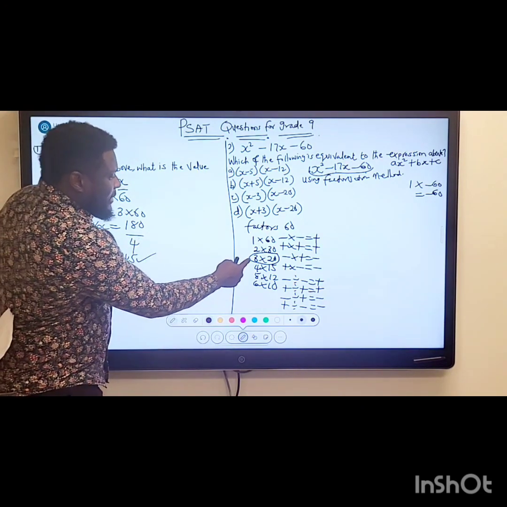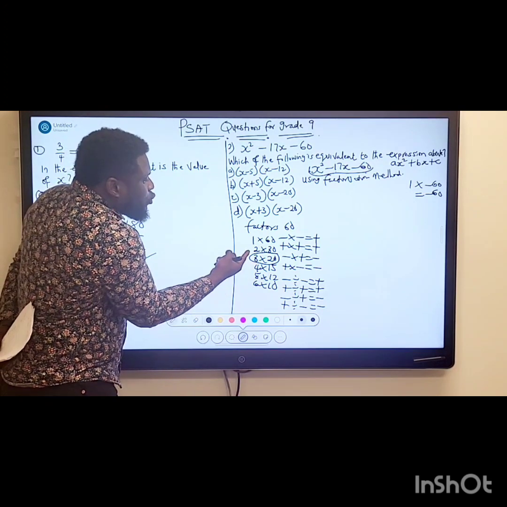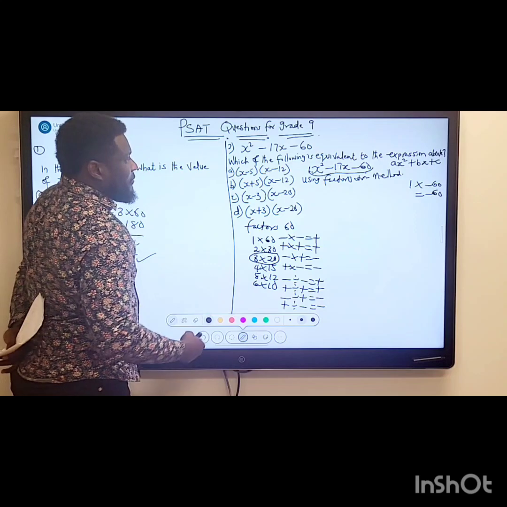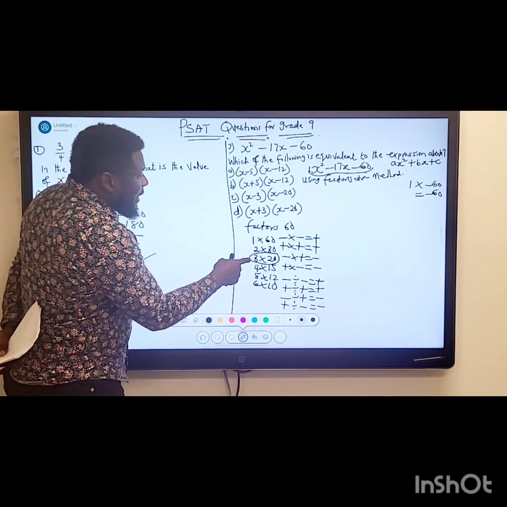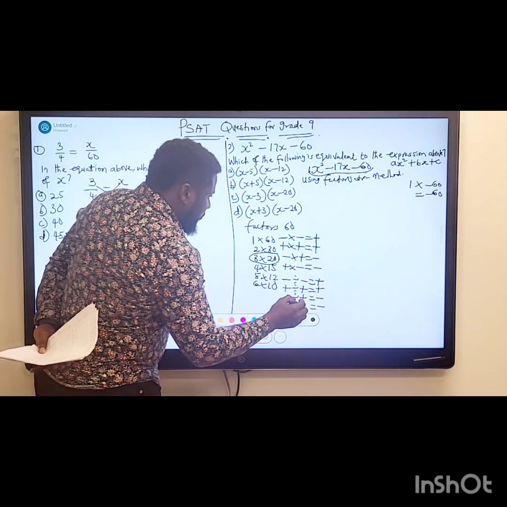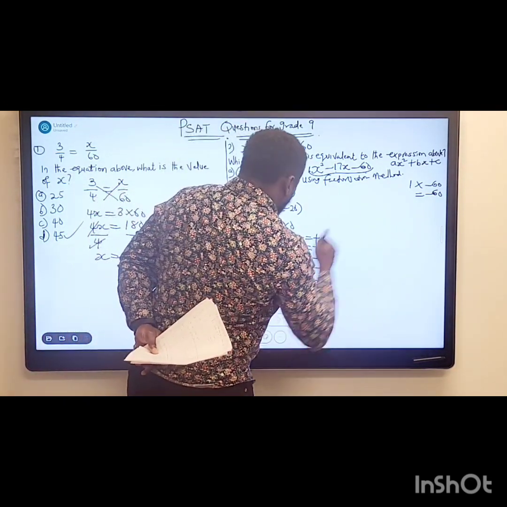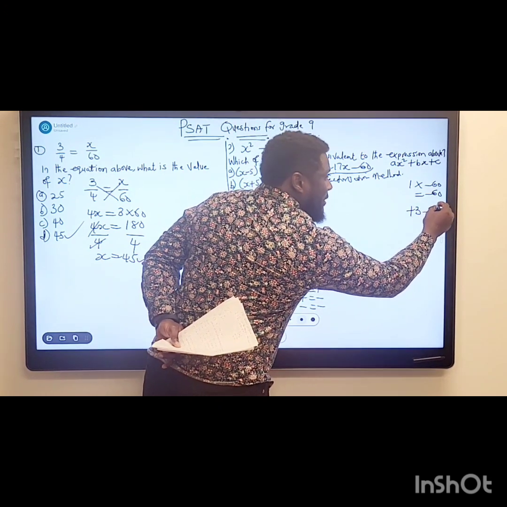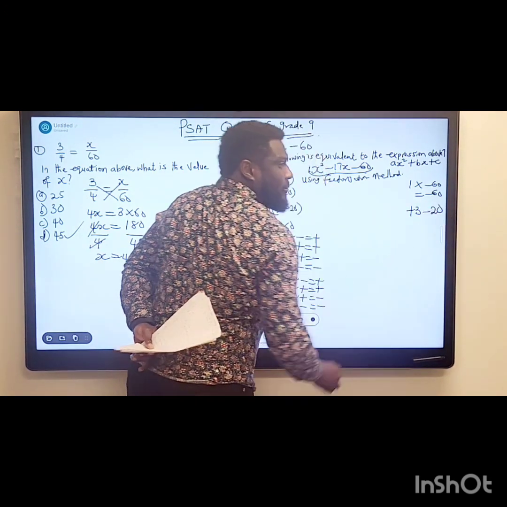So now you need to look at which one is going to take negative and which one is going to take positive. So in this instance, what we're going to use should be positive 3, negative 20.